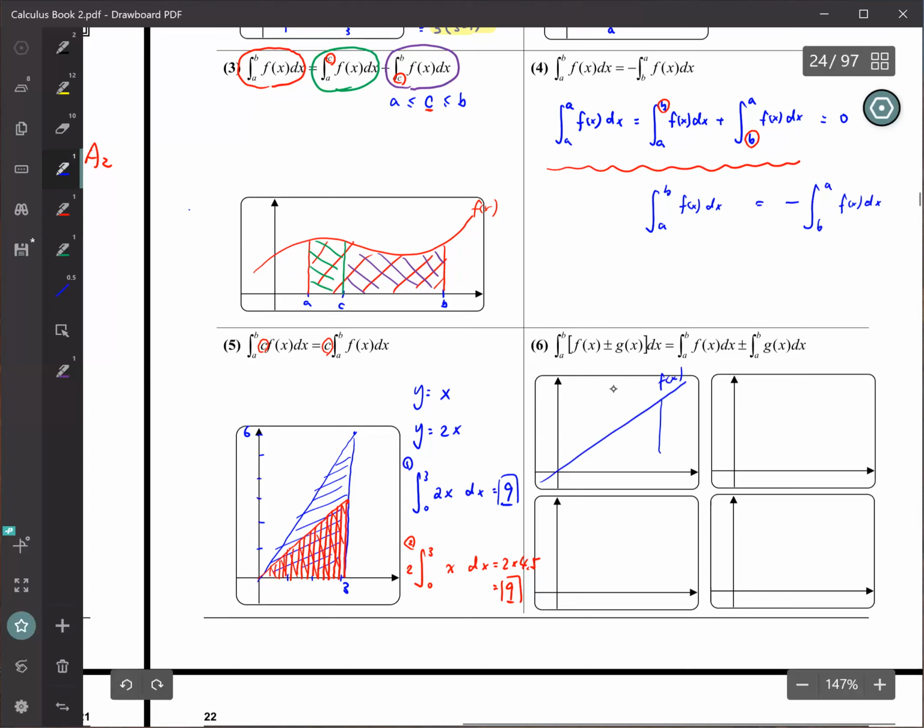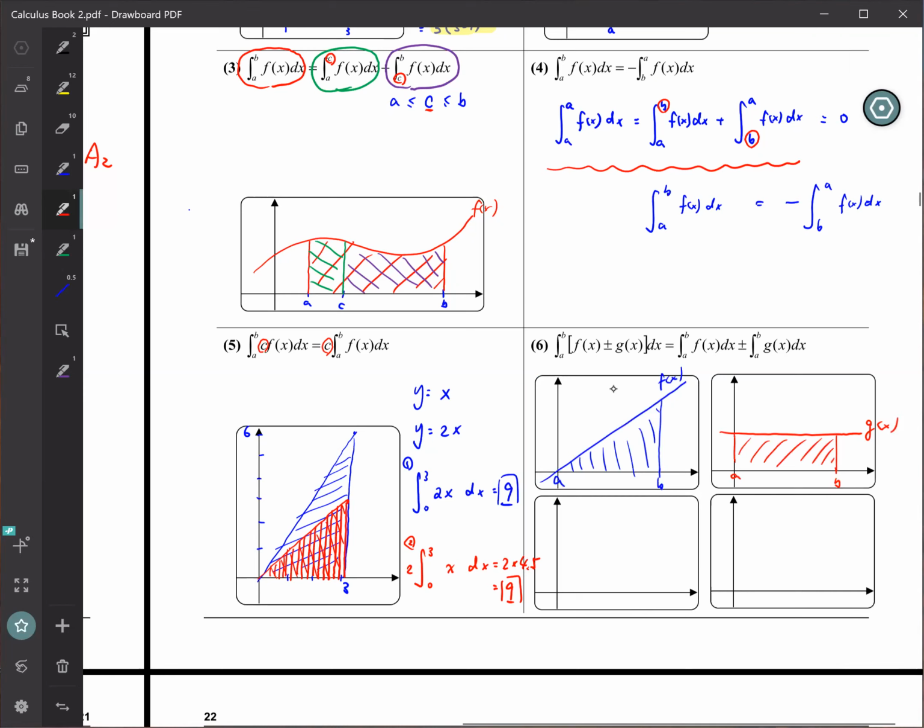Up to here's a, here's b. And then the red one, let's use a horizontal line. This is not really a proof, but just to help you understand what it means.